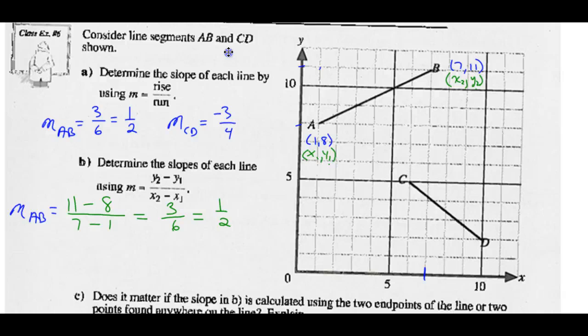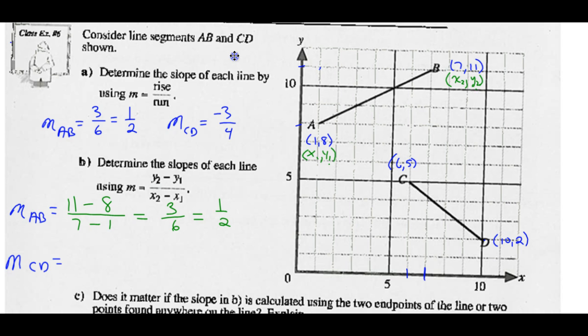If I want to find the slope of CD, again, we must know the coordinates of these 2 points. C is located at 6, 5, and D is located at 10, 2.